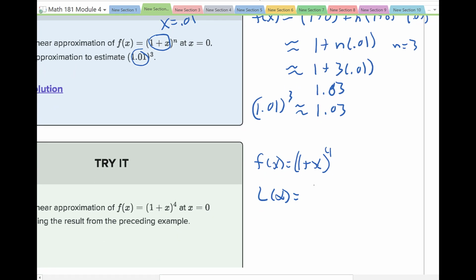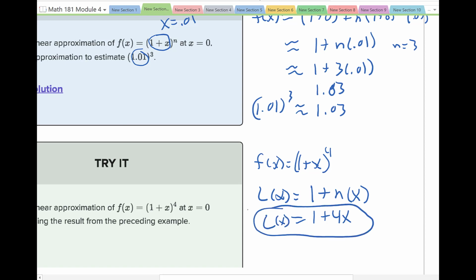So that's going to be 1 plus n times the x that we haven't defined. So it's going to be 1 plus 4 times the x. That would be the linear approximation as a function, not as a value. So I'm just using what was up from there. Okay, moving on.